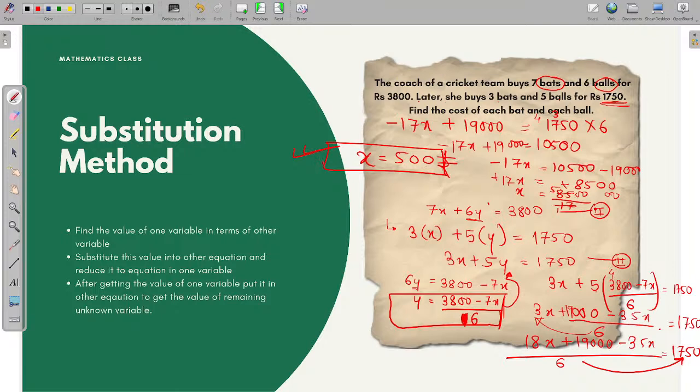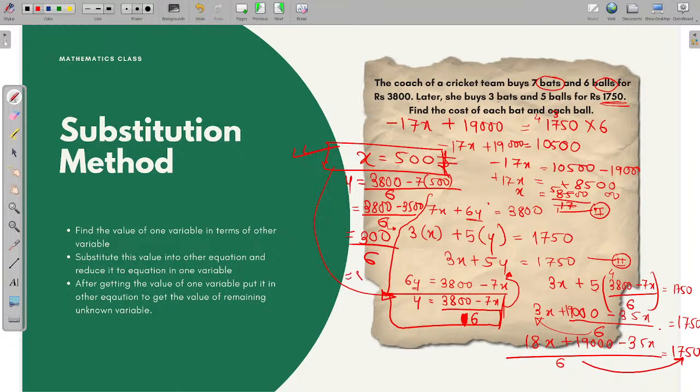Now if we know the value of bats, we can just put this value in this equation to get the value of y. So how will you do it? 3800 minus 7 into 500 upon 6. So that is 3800 minus 3500 by 6. So that is 300 by 6, right?